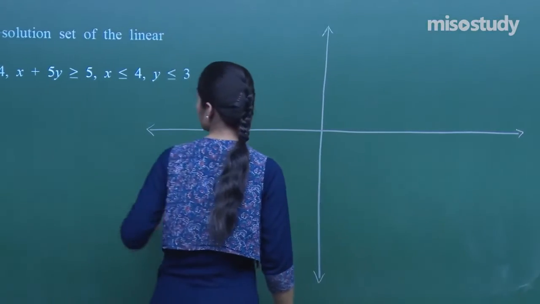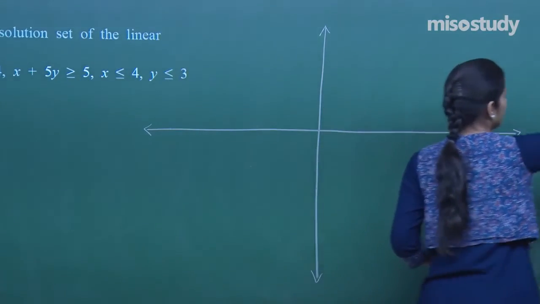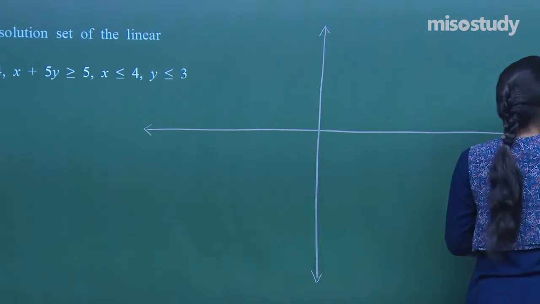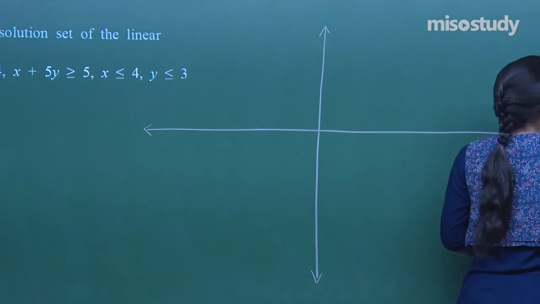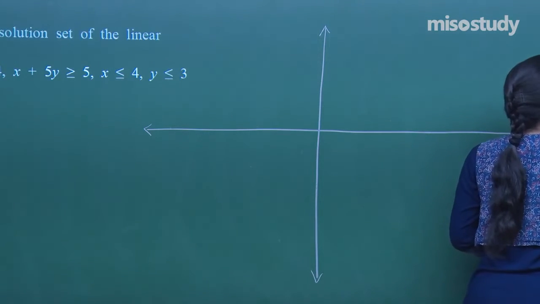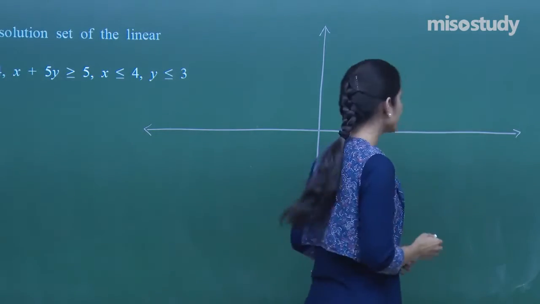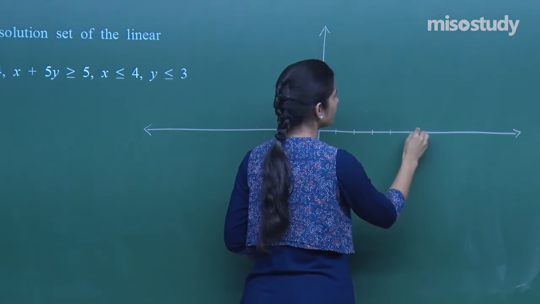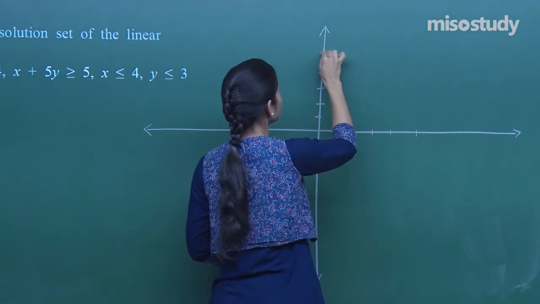Now here, the first one is x plus y less than or equal to 5. What is the drill? I would first consider x plus y equal to 5. Draw it. When x is 0, y is 5, and when y is 0, x is 5. So basically you have 1, 2, 3, 4, 5 on each axis.